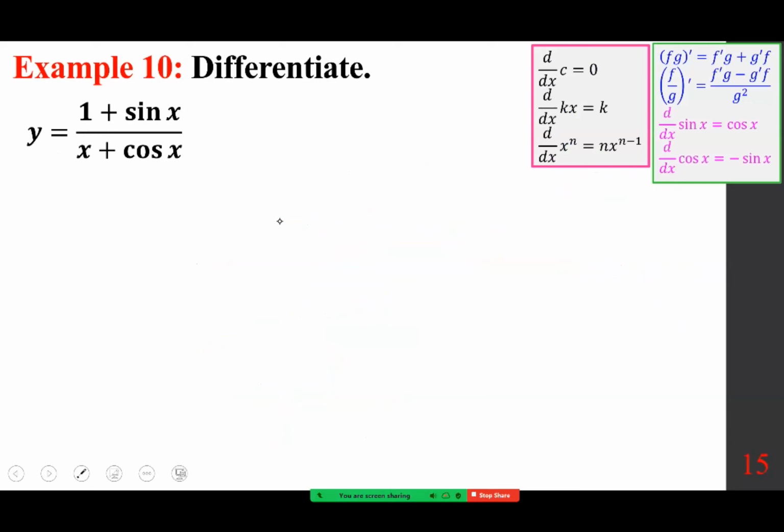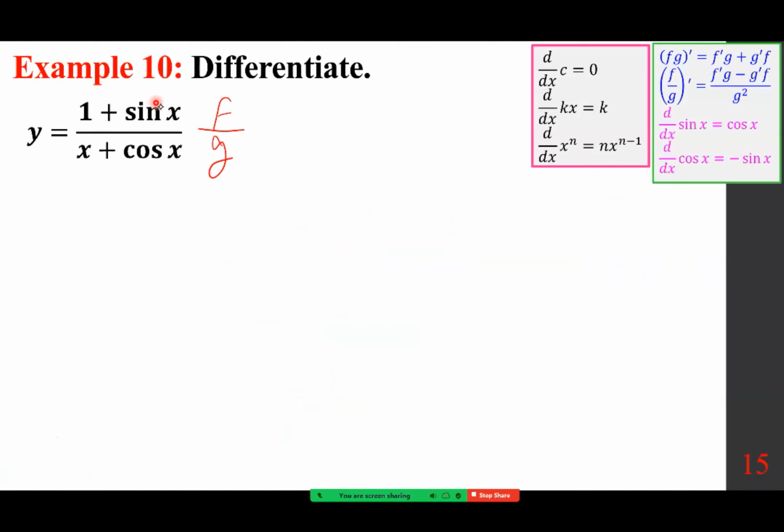We are going to differentiate using the quotient rule. So f over g. We are going to use f prime g minus g prime f over g squared.